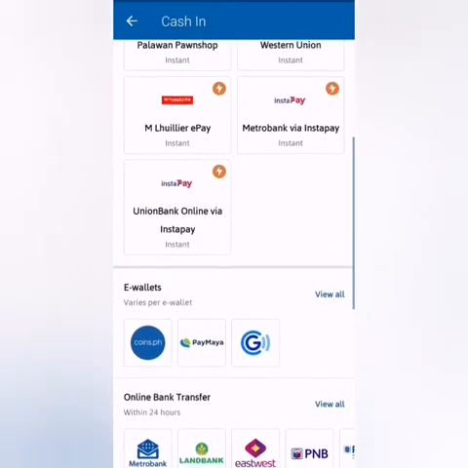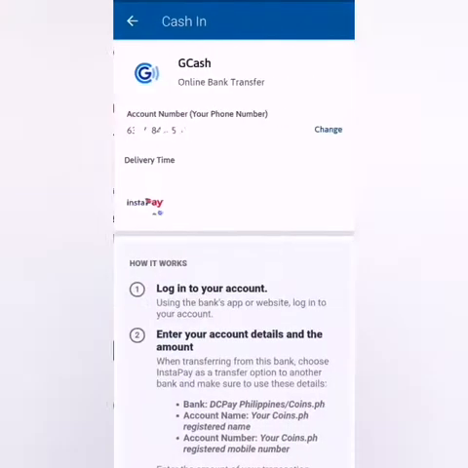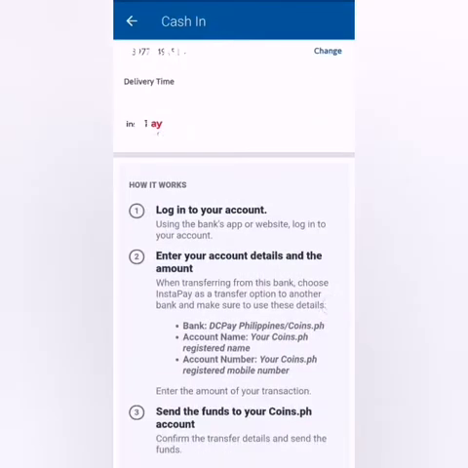So once you click on one, it will provide you instructions on how to do that. So I clicked here Union Bank online app. It will provide you the steps on how you can send money using the Union Bank app. And the same goes with Gcash. It will just provide you with instructions on how you can send money to Coins.ph through the Gcash app. So that's it.